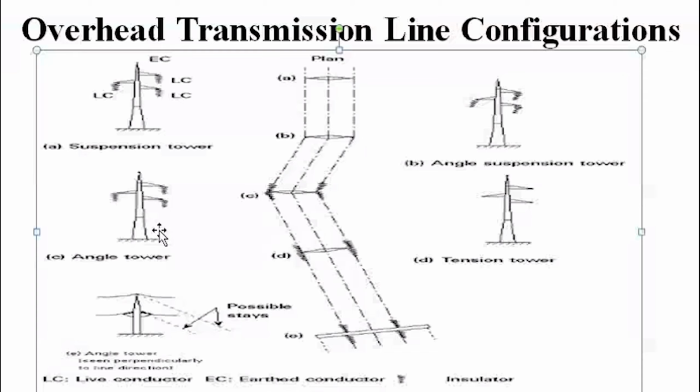If you have another turn moving towards the right side, then you have the angle tower. So at C we go for the angle type tower. Now coming to D, at D we have the tension tower.